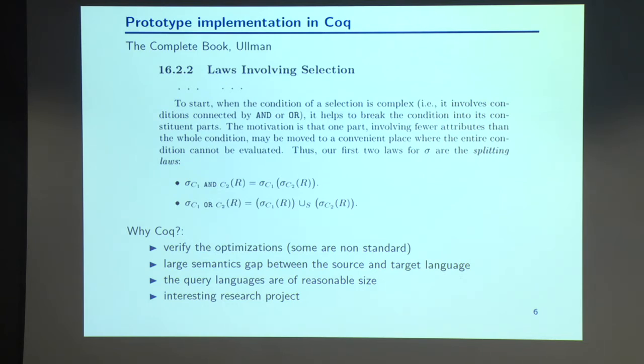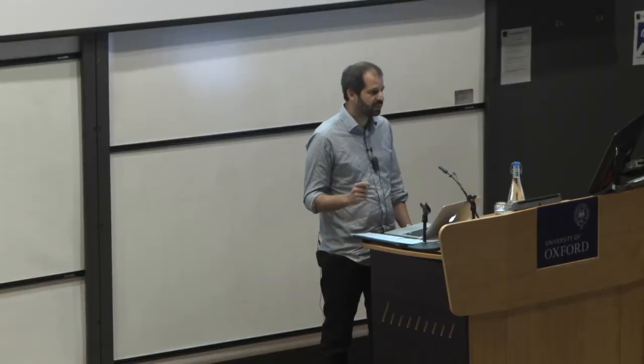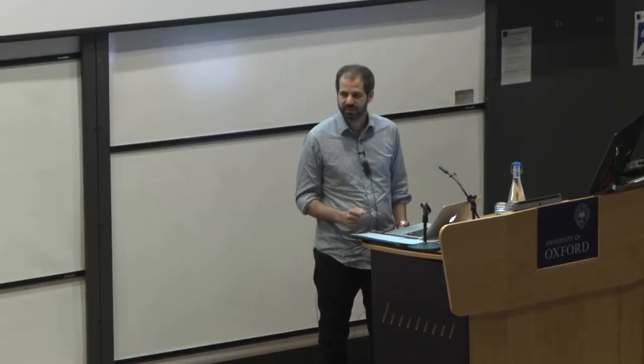These optimizations are of course correct, but only if certain assumptions are respected, and these assumptions are not written in the book. So we can see that even with some very simple and classical optimizations, it's a subtle art to make them correct.